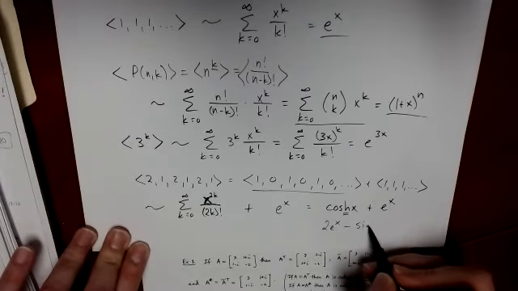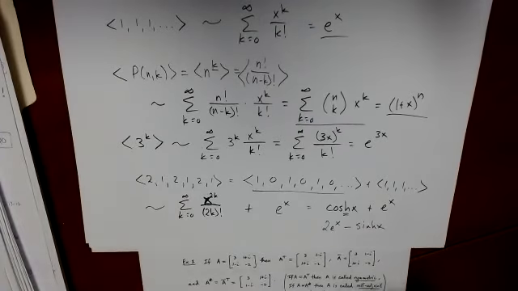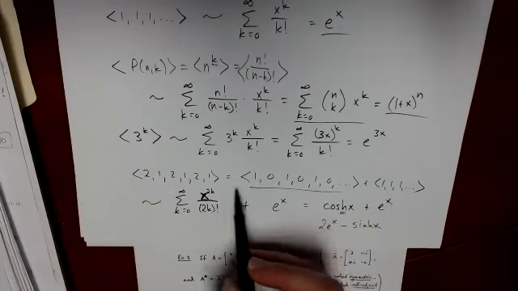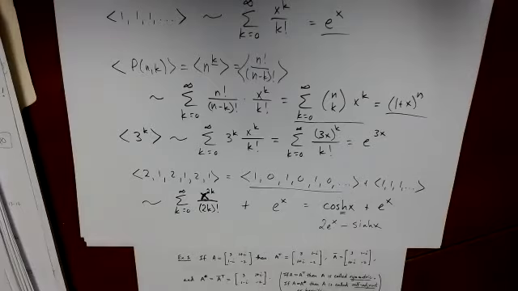Minus hyperbolic sine x. There are a handful of ways to write that. If I had treated this instead as the sequence of all 2's minus the sequence with 1's in the odd positions, then I would have gotten this guy.